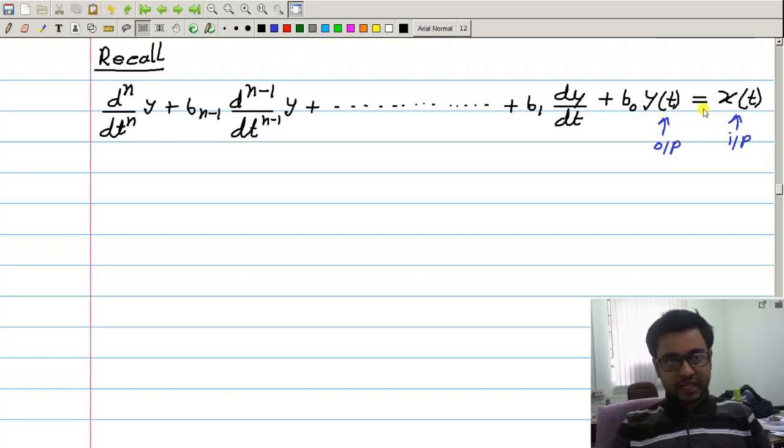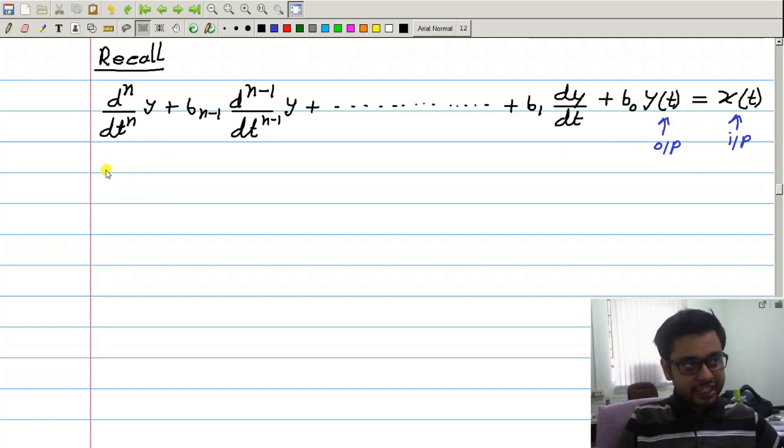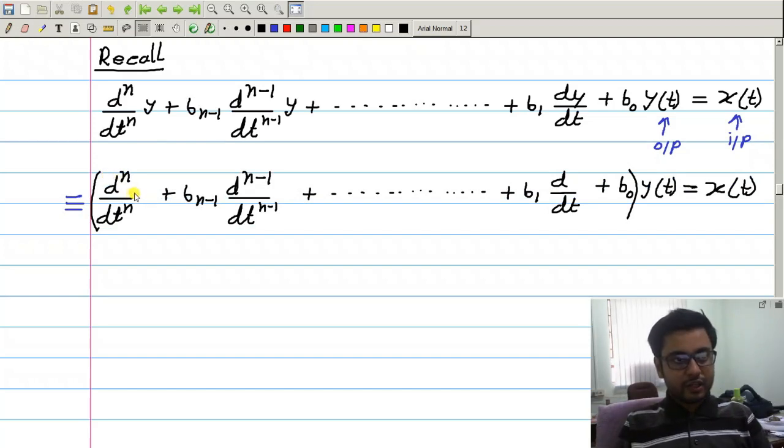This equation can also be written in this way, where we have taken y common, and inside this bracket we have an operator. And what is an operator?